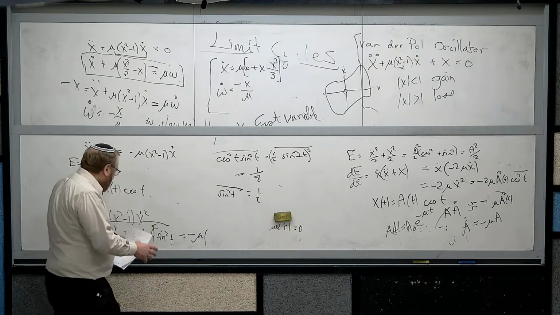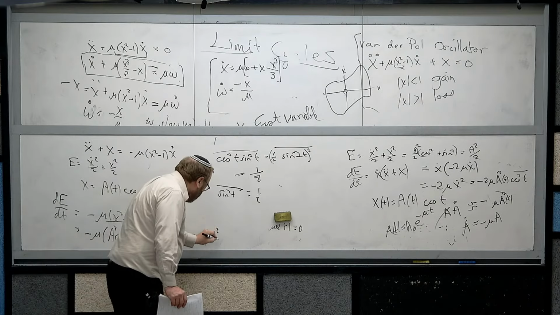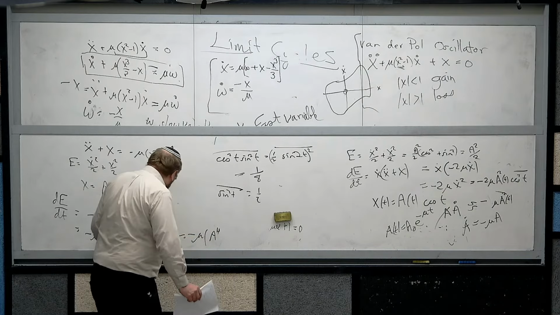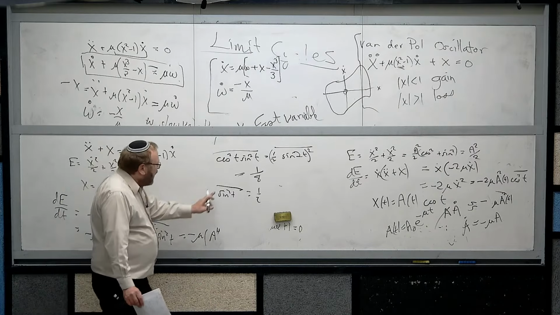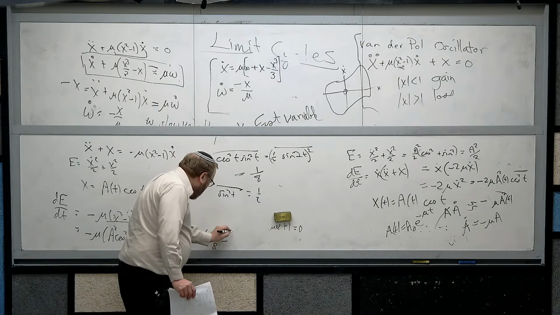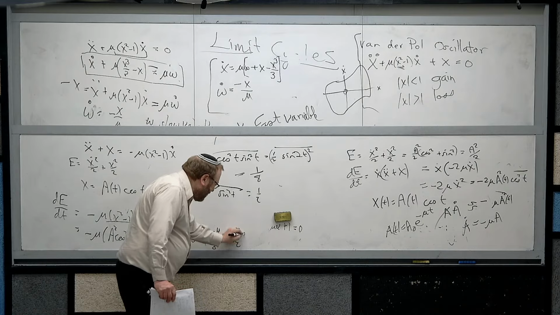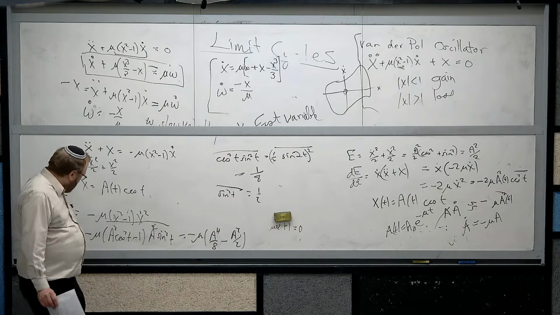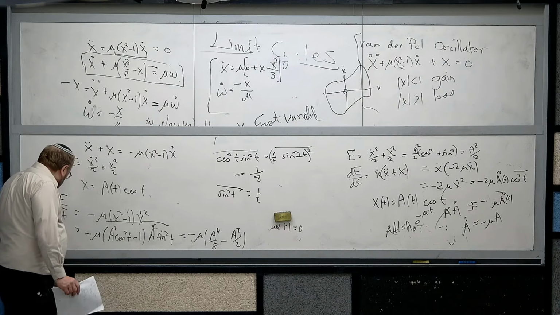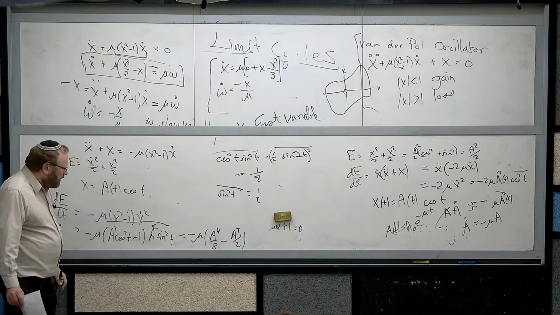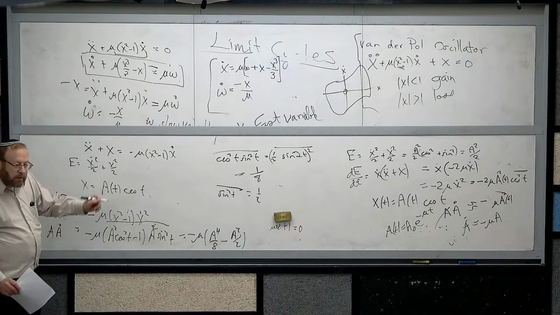So what this gives us is minus mu times a squared times a to the fourth, excuse me, because you have a squared cosine squared, and then this is a to the fourth over 8 minus a squared over 2. Okay, and this is a dot, just like before.